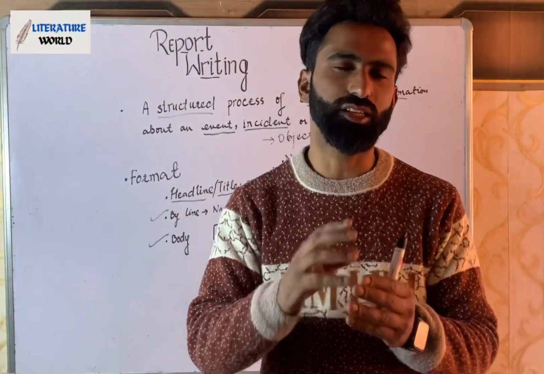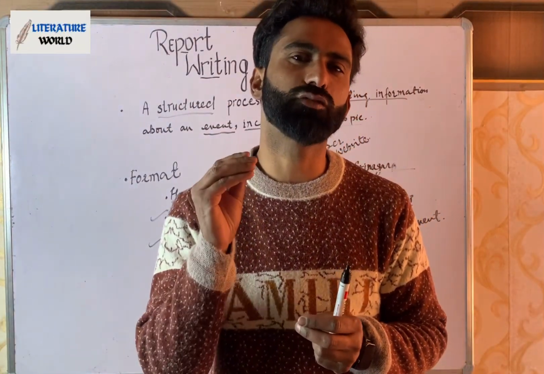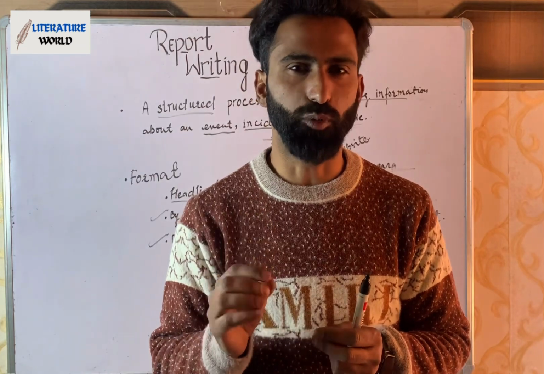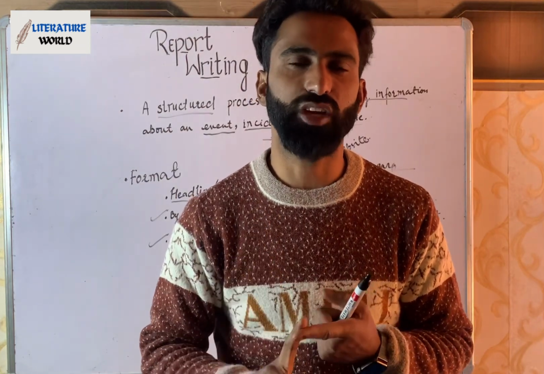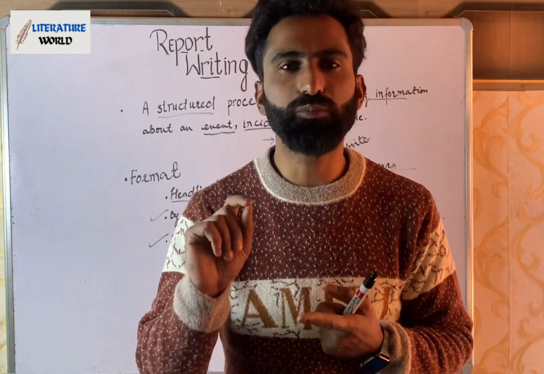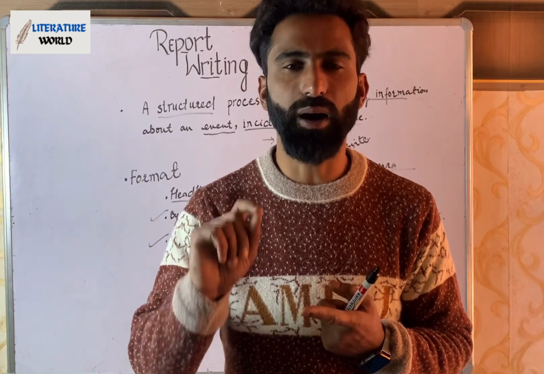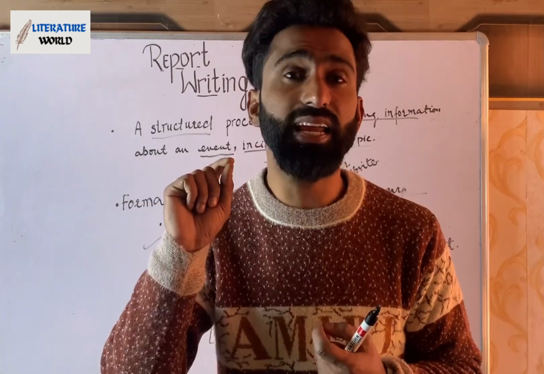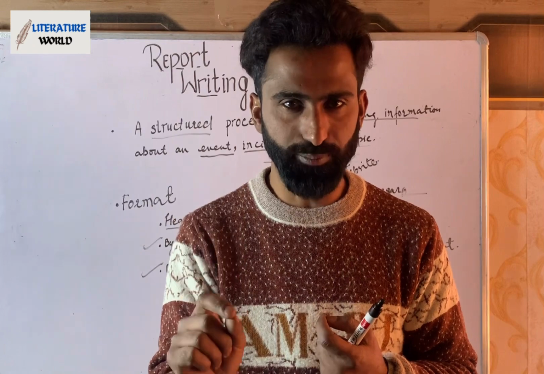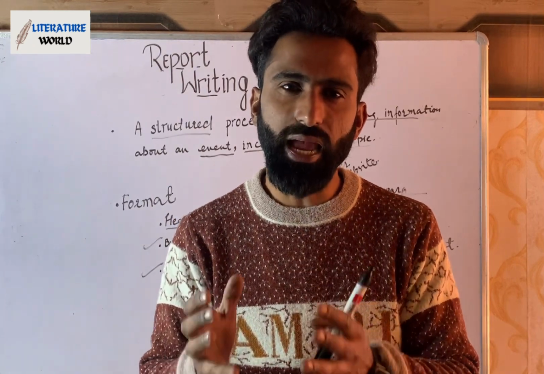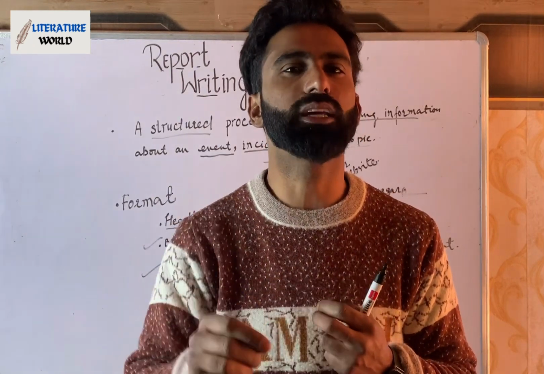My dear students, you don't have to be confused when you forget the format of the report. All you have to do is to check newspapers, because newspapers are written by professional journalists. They are experts of writing reports, so you must read them and then understand it and then accordingly write it.